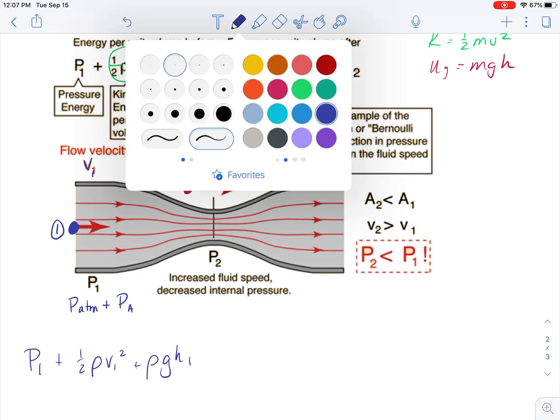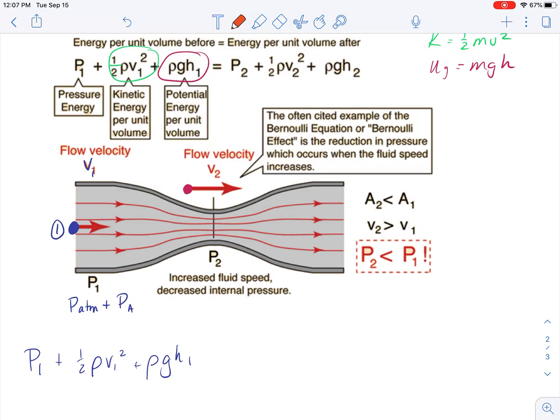Because energy is conserved, that has to equal the sum of the quantities at the second point. So again, the pressure, which would be atmospheric pressure plus any applied pressure, plus 1/2 rho v squared, the density of the fluid is not changing, plus rho gh2.